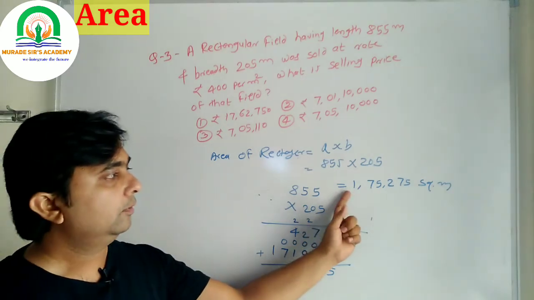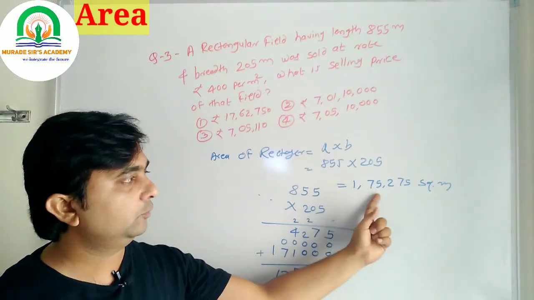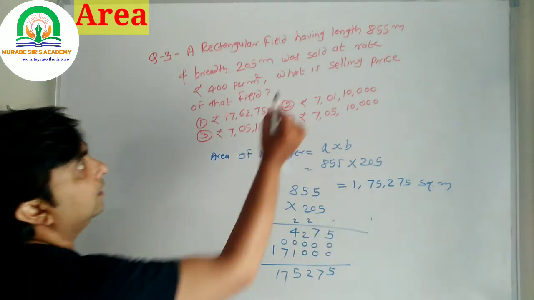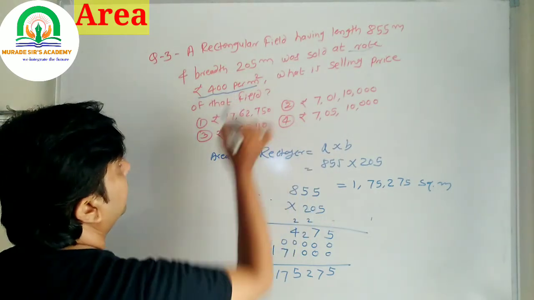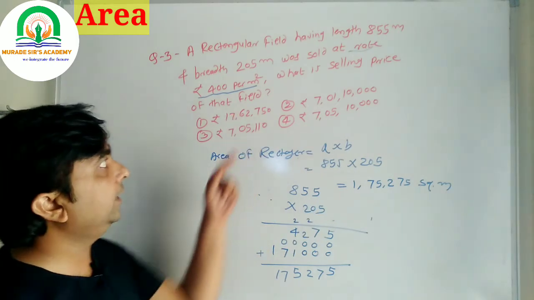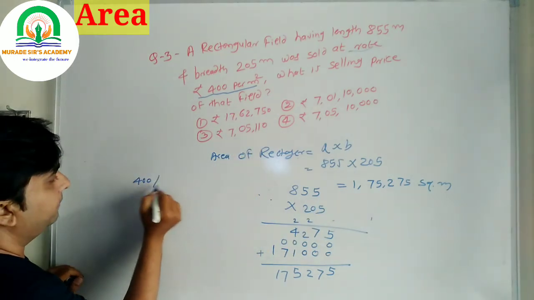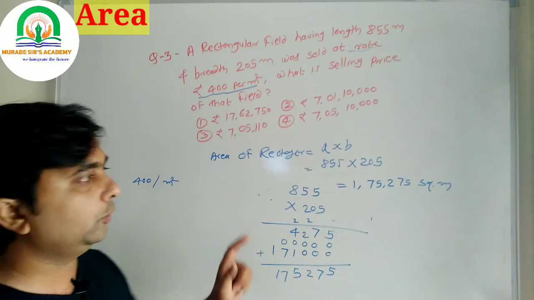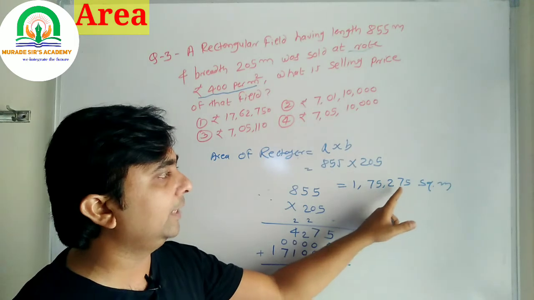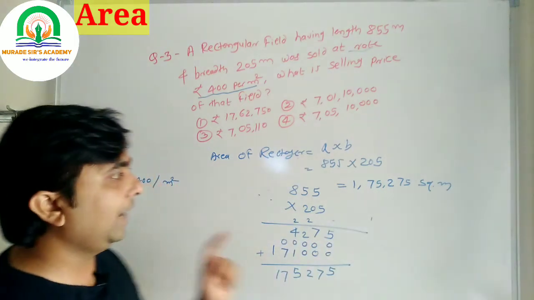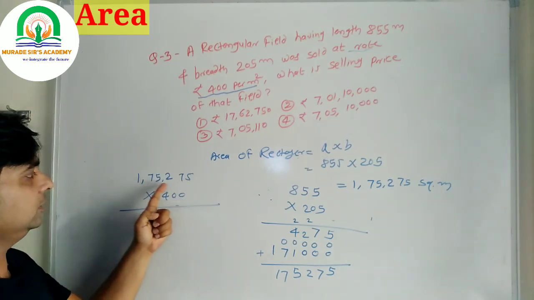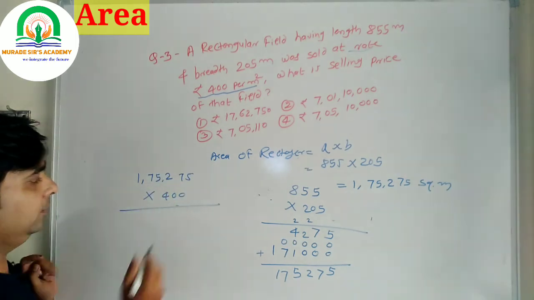1,75,275 square meter, and they have given a rate of 400 per square meter. If the rate is 400 per meter, then we want to calculate how much is required for 1,75,275 square meter, which means multiplying this by 400. Multiplication of 1,75,275 into 400 is very simple.